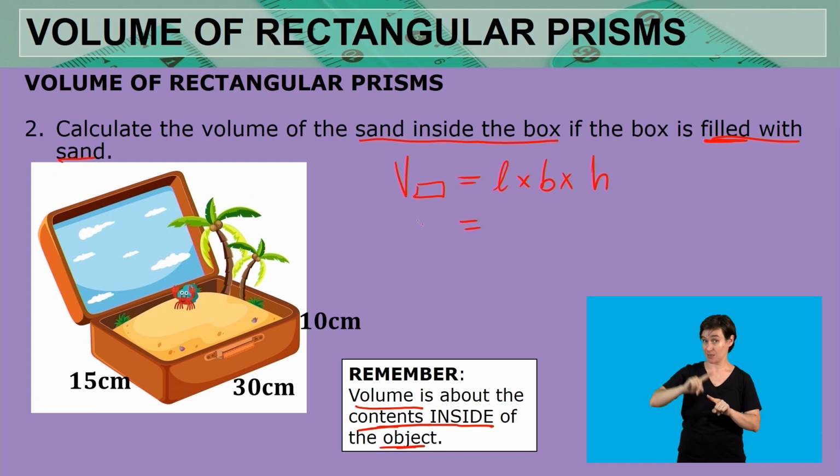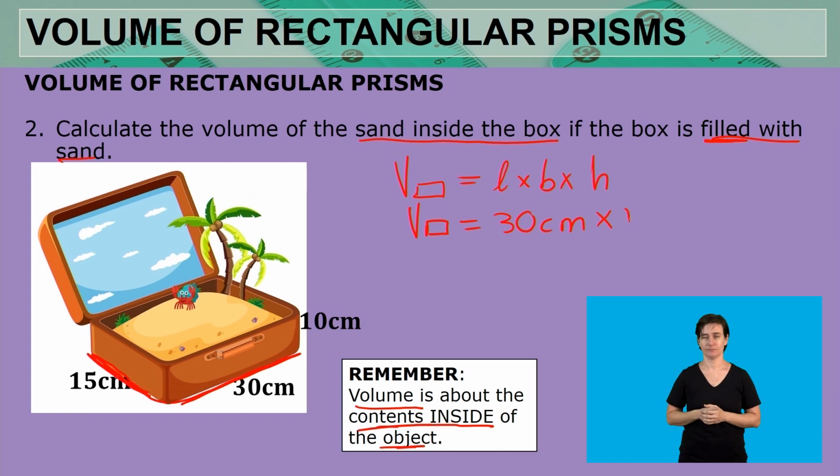We can see there that the length is 30 centimeters. We're going to multiply that by the breadth, which is 15 centimeters. And of course, we are going to multiply this by the height, which is 10 centimeters.